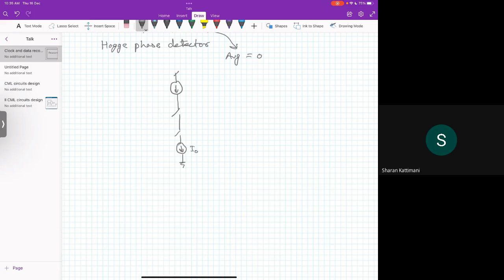So this is I0, this is I0, and there is R, there is C, there is one more C. So I will break up all these components in a minute. Okay, so we have already designed the phase detector.